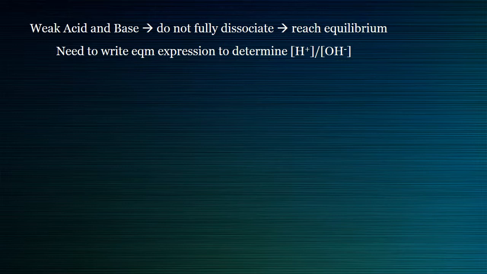So if we have, looking at an acid first, our Bronsted-Lowry acid, and we're going to dissociate it in water. So it's going to give off a proton, and we're going to make hydronium, or you could just write H+. It doesn't really matter. And so we have this equilibrium reaction.